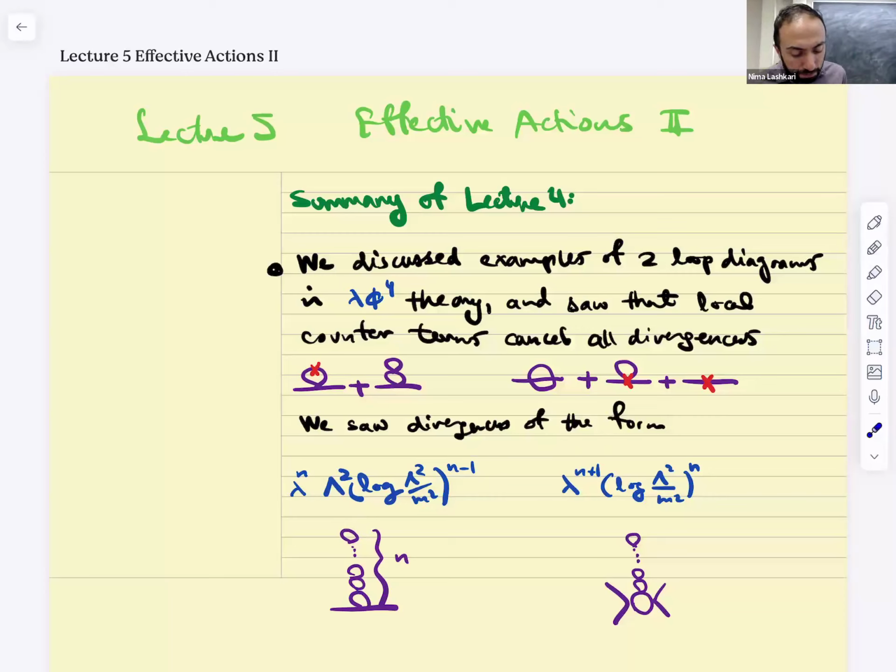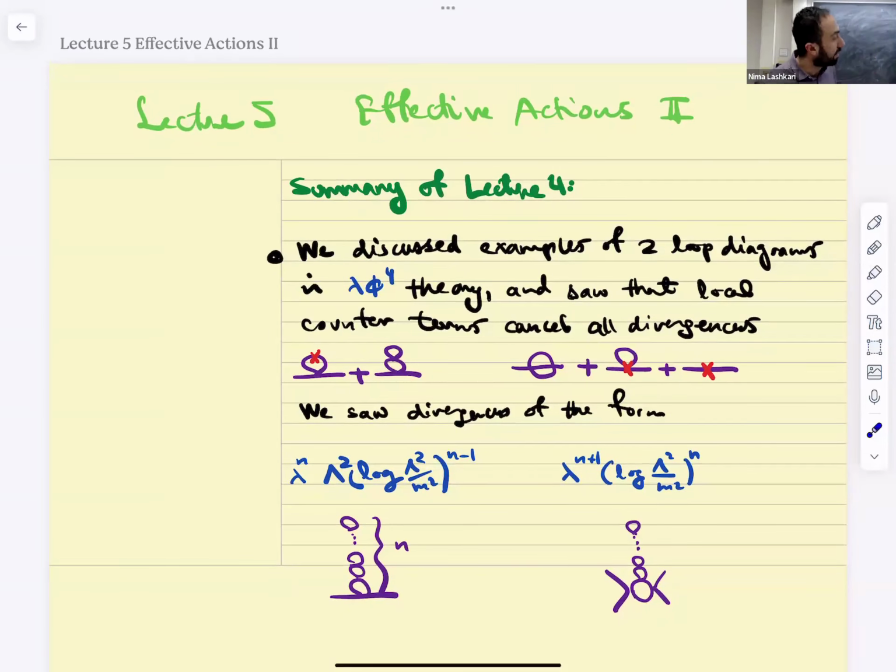Now in this example, this is an n loop bubble contribution to the vertex, and this is lambda to the power of n plus 1 log of lambda squared to the power of n. All right, and the point was that we didn't prove it, but we quoted a theorem that formally ensures that the local counterterms that you start with will cancel all these divergences to all orders in perturbation theory.